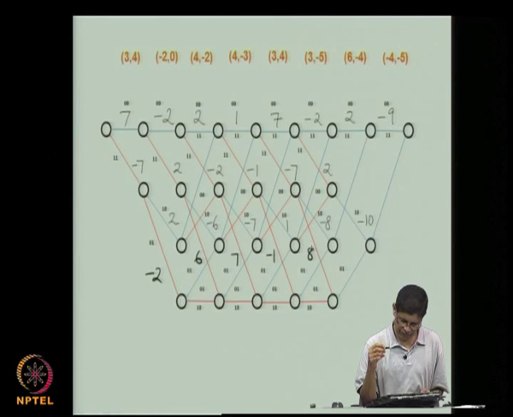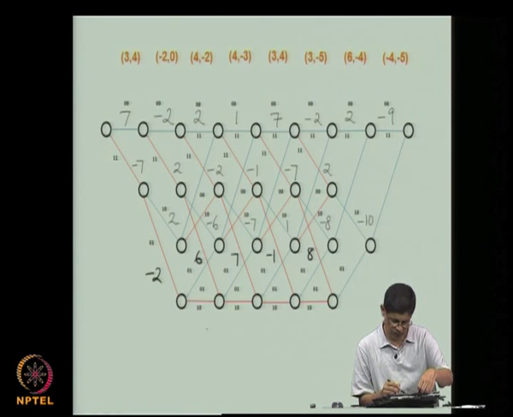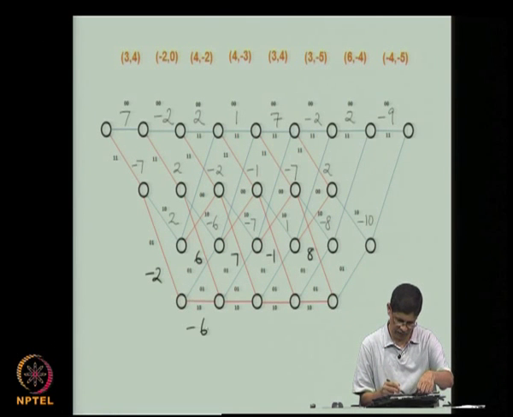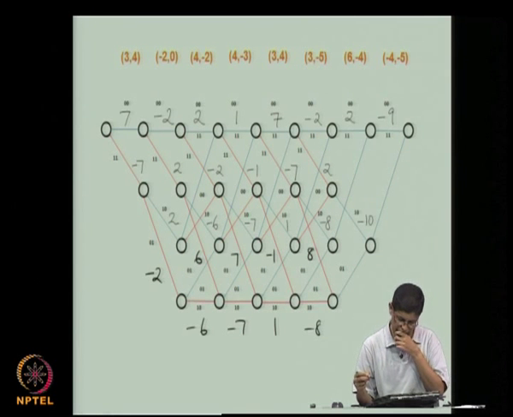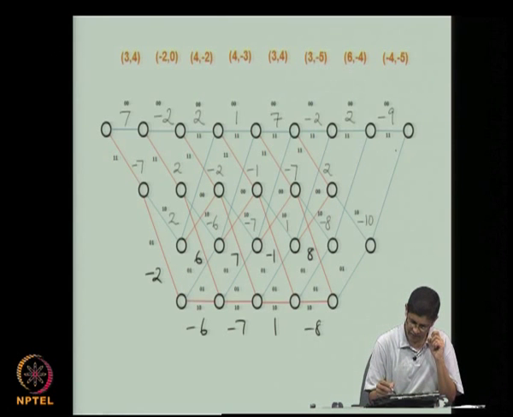All right, so I have done that. Now let us look at the branches along the bottom of the trellis. That is a 1 0, so you take the first with a negative sign. So that is minus 6, minus 7, 1, minus 8. And then we have these 1, 2, 3, 4, 5, 6 segments over here, which correspond to a 1 1.